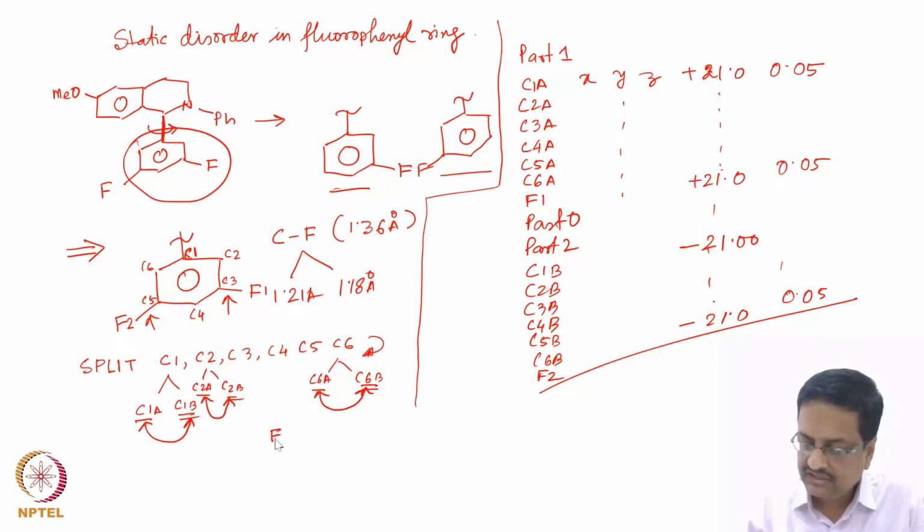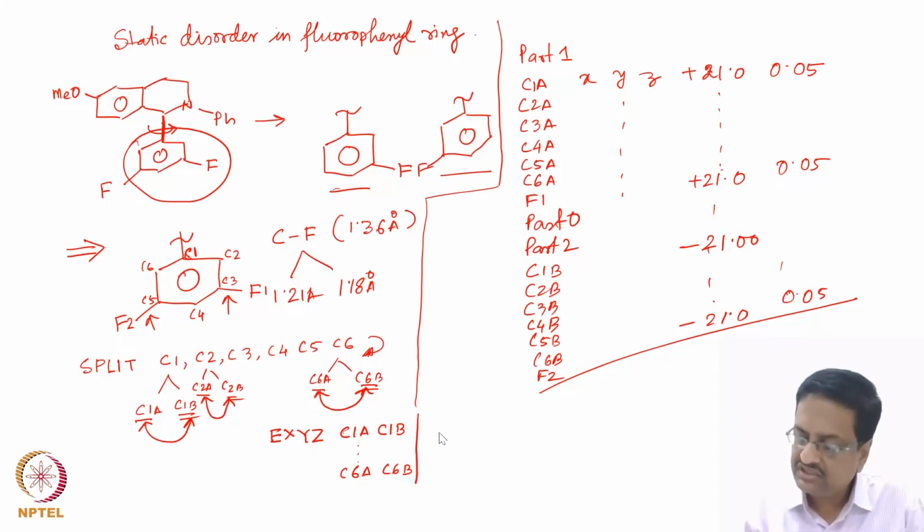So we should have the EXYZ command for C1A equal to C1B, and should have it for all of them from 1 to 6, indicating that they are at the same coordinate. And also, for simplicity of the refinement, we should use EADP for C1A and C1B up to C6A and C6B, and also F1 with F2.